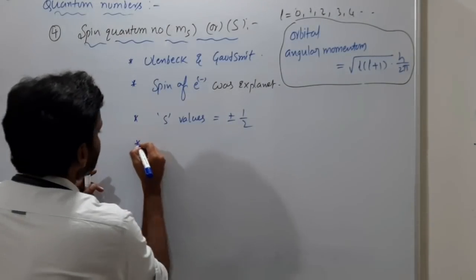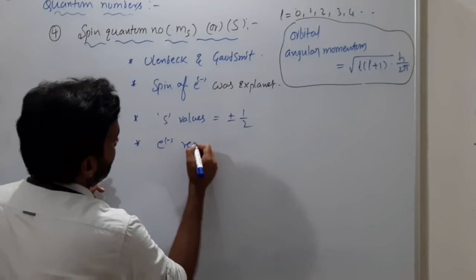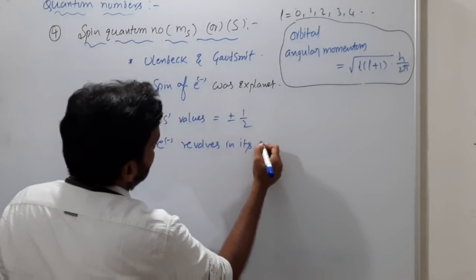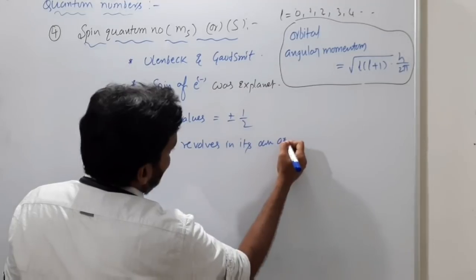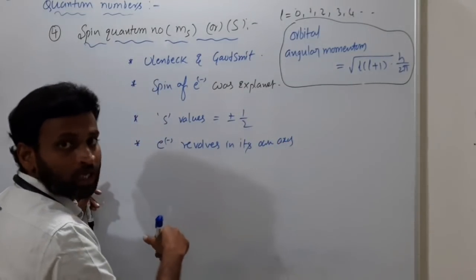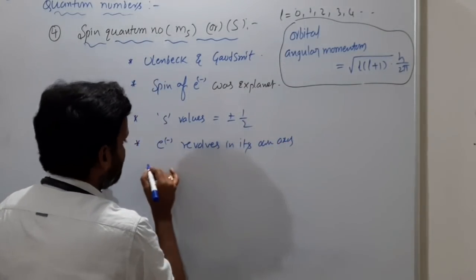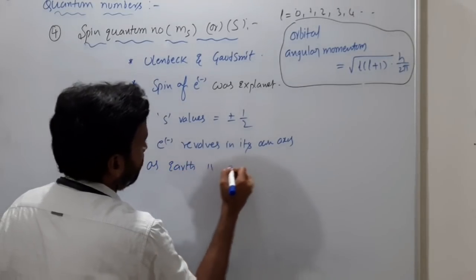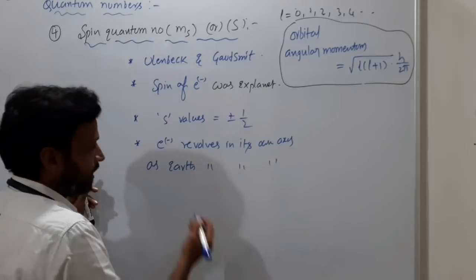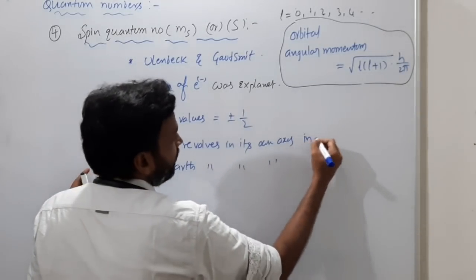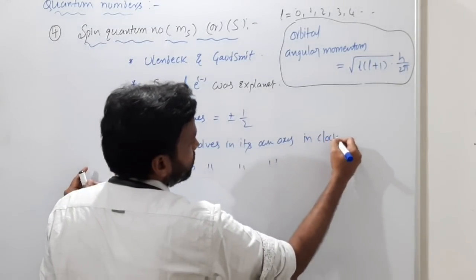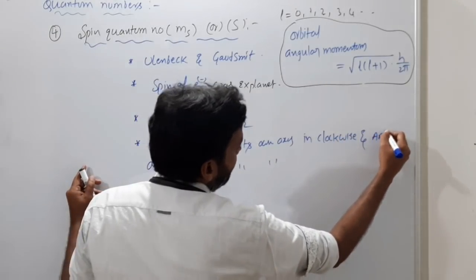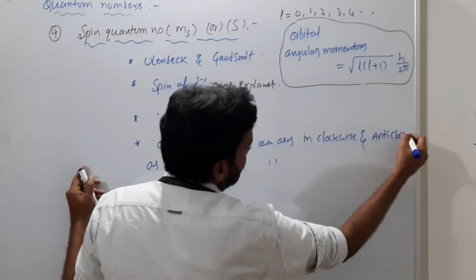So what did they say? The electron revolves on its own axis, as the Earth revolves on its own axis, in clockwise direction and anti-clockwise direction.